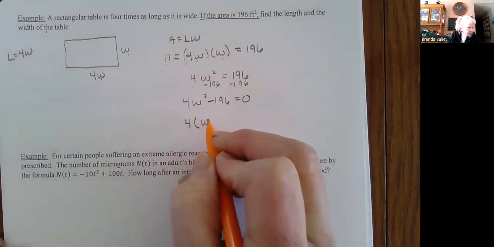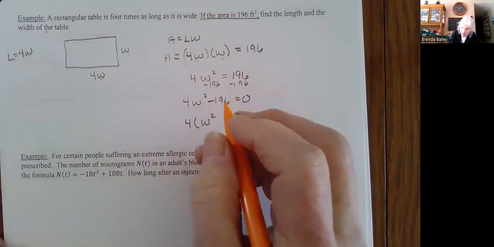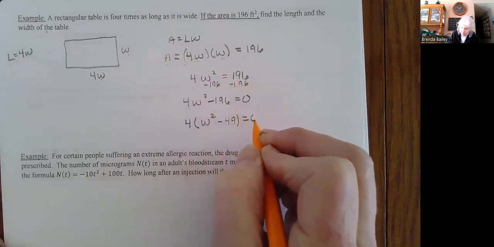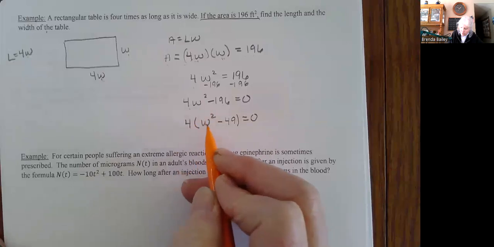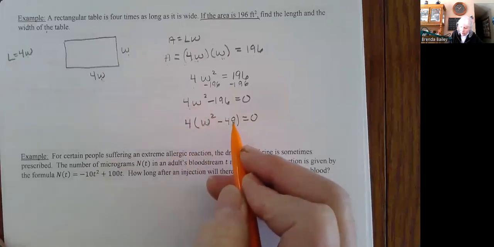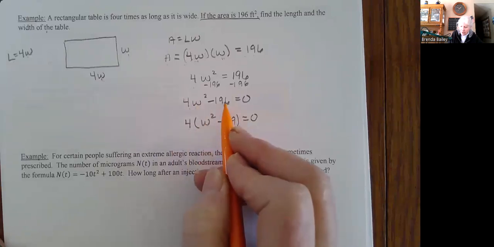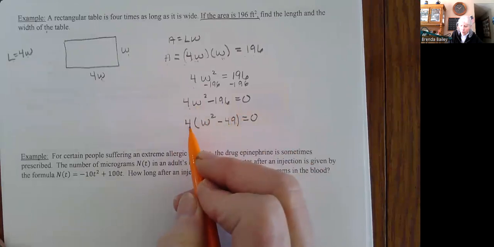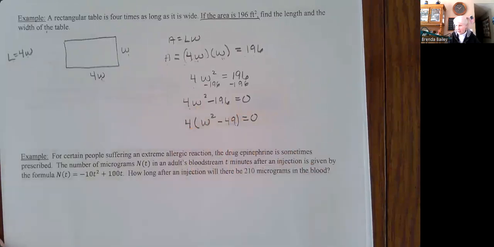So 4 times W squared minus 49. Factoring out 4, 4 times W squared is 4W squared, and 4 times 49 is 196. To get the 49, just take 196 divided by 4.